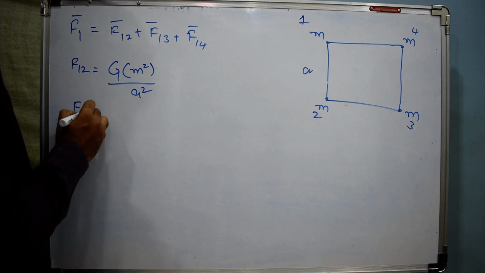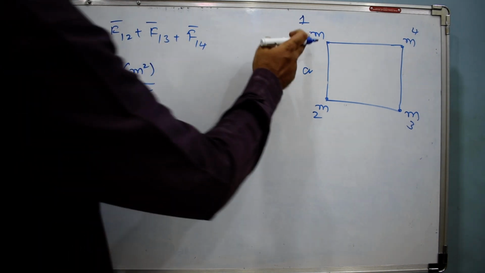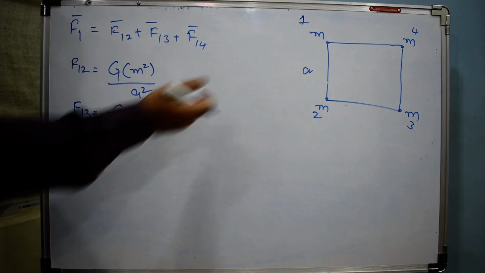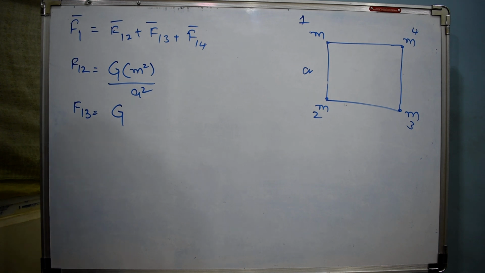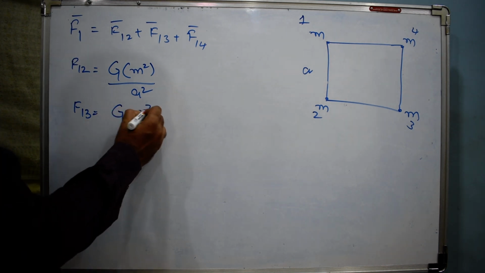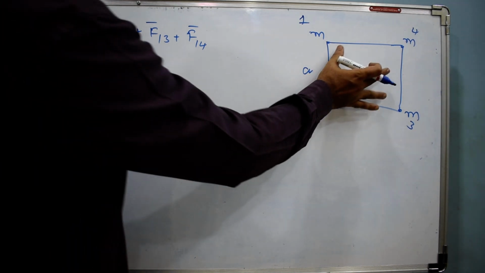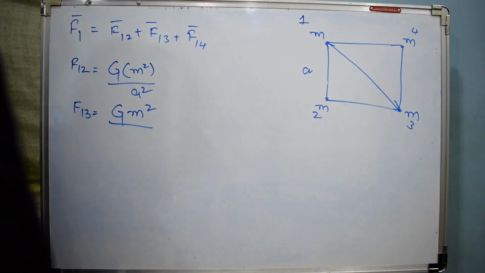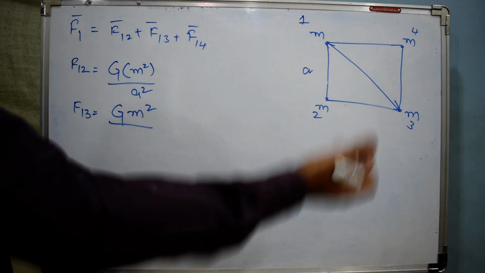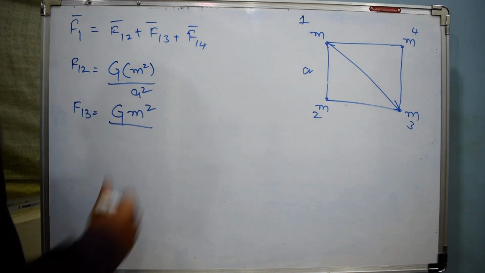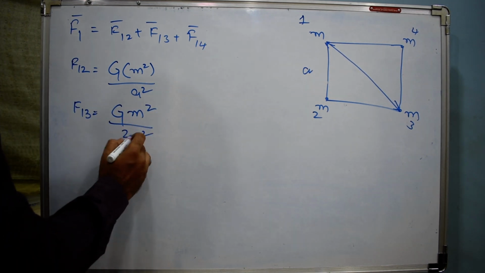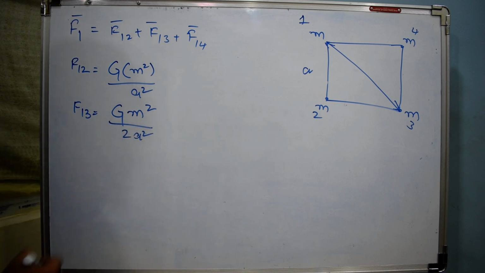Similarly, F13, the magnitude of the force acting on 1 due to 3, is equal to G into the product of the masses, again m square, but the distance in this situation is the length of the diagonal. In a square, the length of the diagonal is root 2 into a, root 2 into side. Root 2a whole square gives us 2a square.